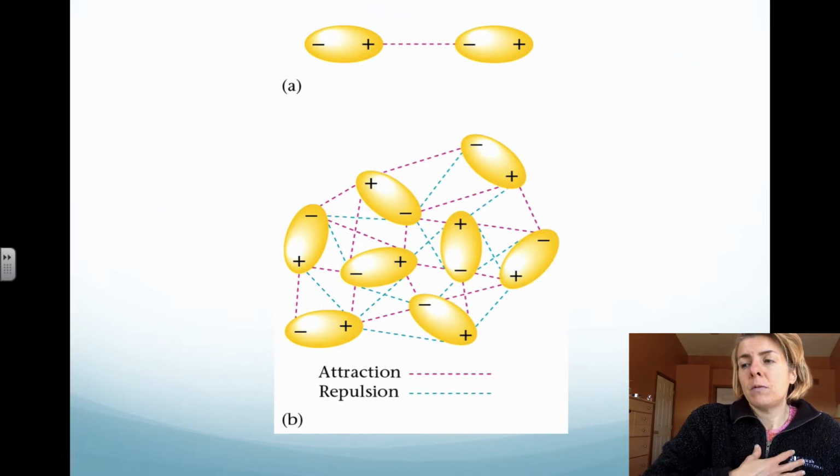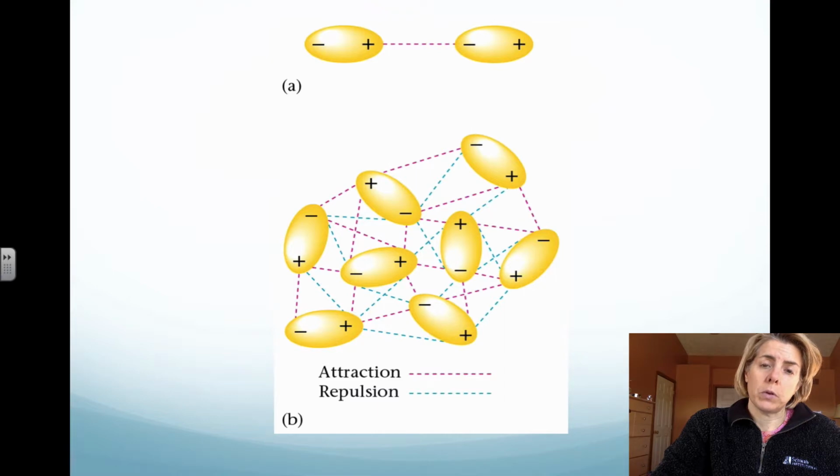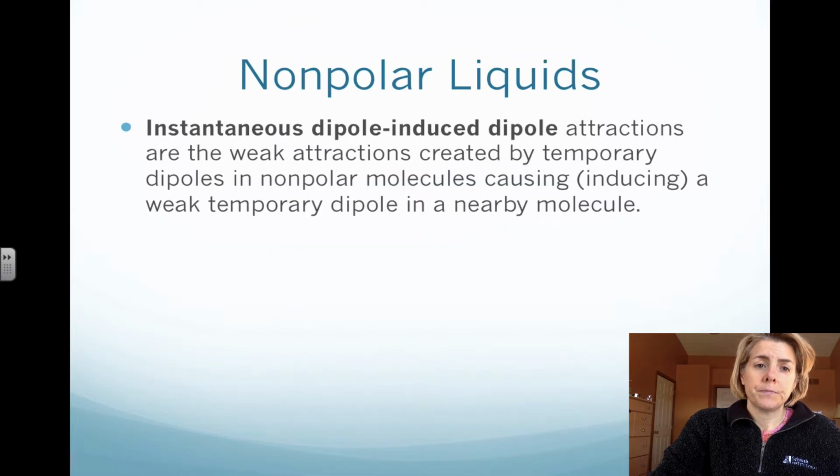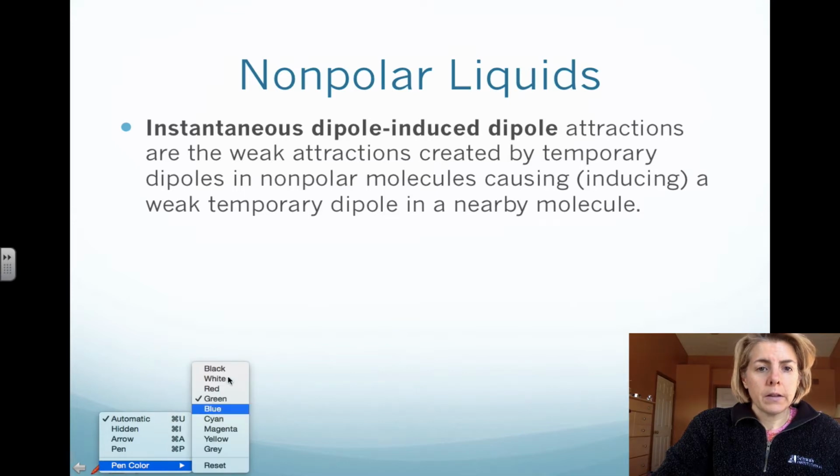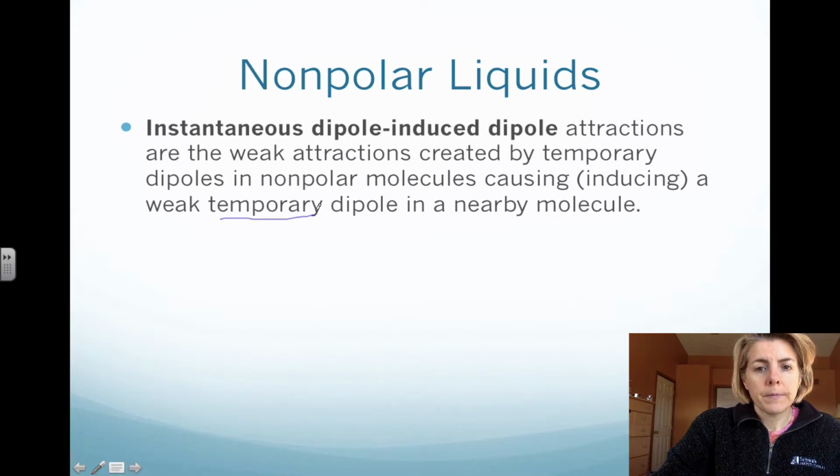That way they can stay together in a close arrangement. And like I said, this is a very weak attraction. It is not a very strong attraction compared to dipole-dipole. So what does this mean? That means that this is temporary, and it's very weak, and it causes a nearby molecule to acquire this property.